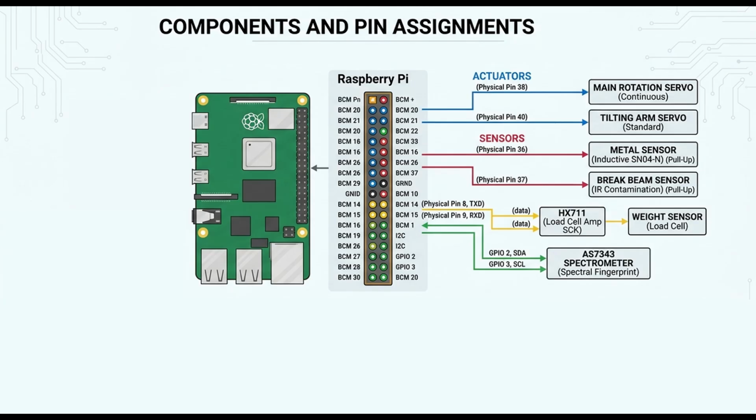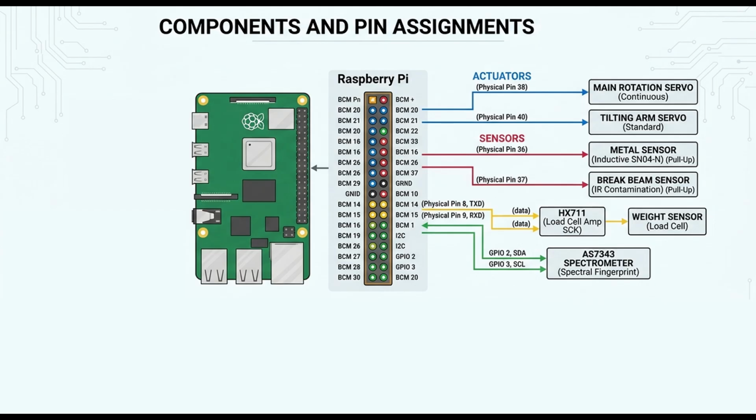Now for the physical connections in the Pi, this is the pin-out of the Raspberry Pi 5 used in this project. So for the 360-degree servo, it is connected to GPIO pin 20. The 180-degree servo is connected to GPIO pin 21. The capacitance sensor is connected to GPIO pin 16.